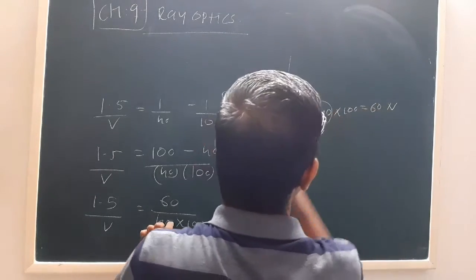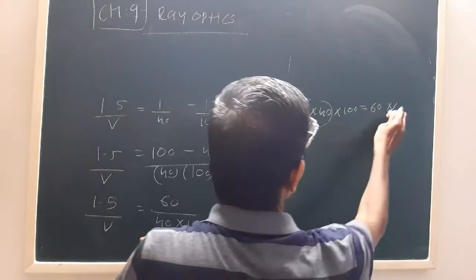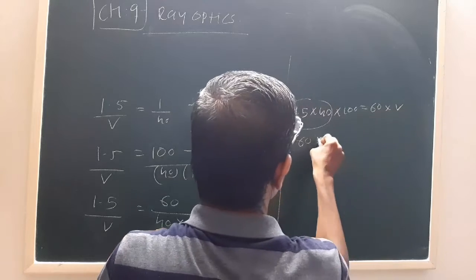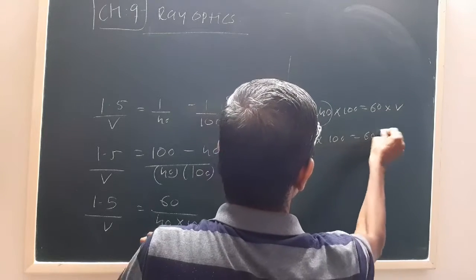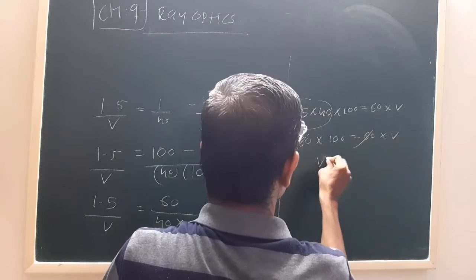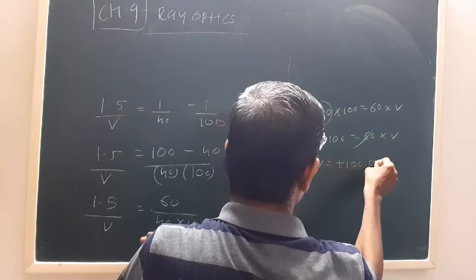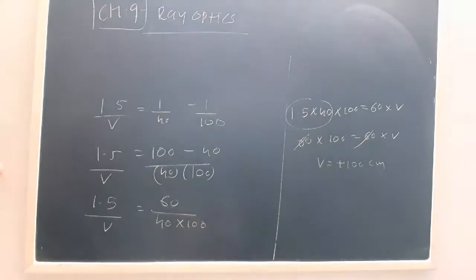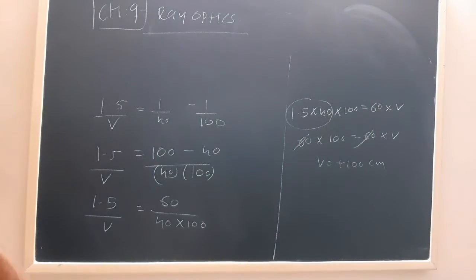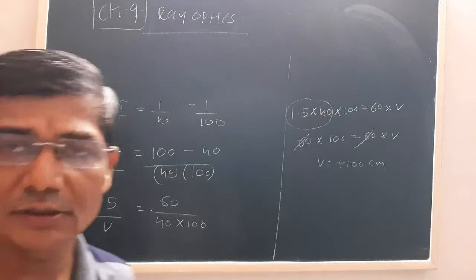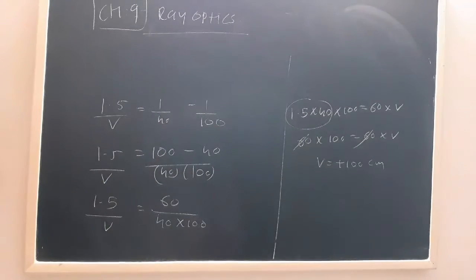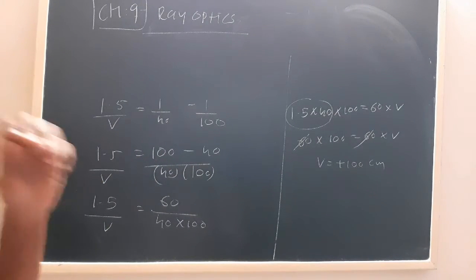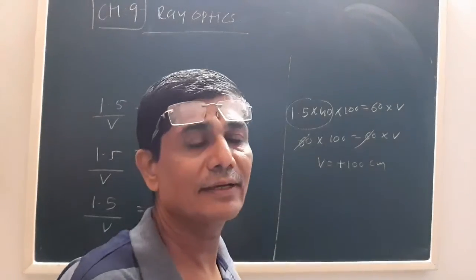So v is 100 centimeter. Our image distance is positive, so the image is formed on the right hand side of the spherically curved surface. So this is about refraction taking place by a spherically curved surface.